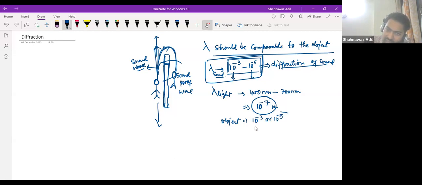That is bigger than the wavelength of light, so we don't see diffraction of light in our daily life.